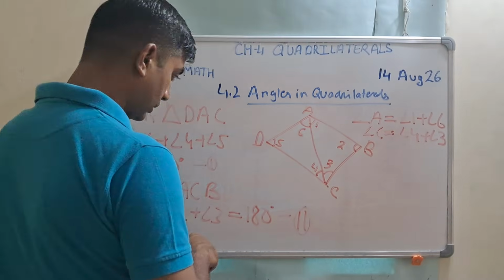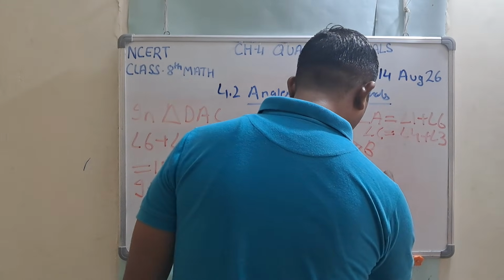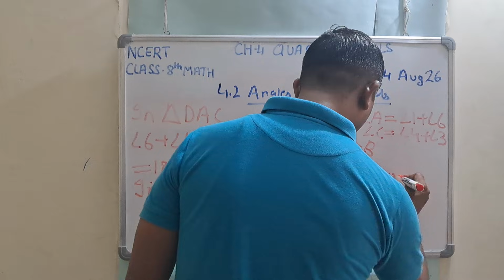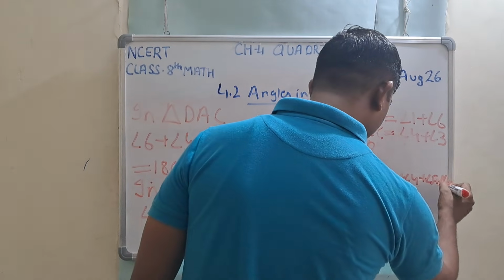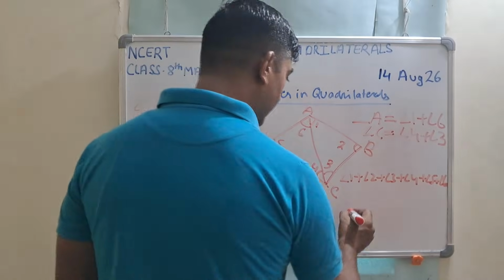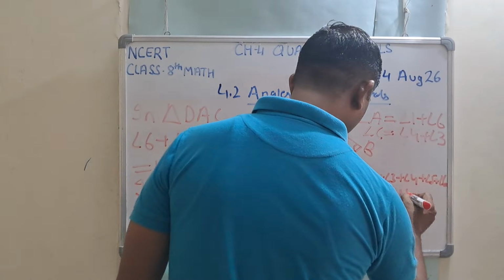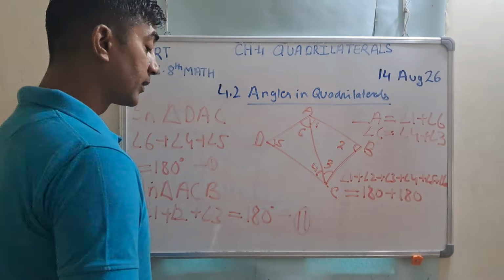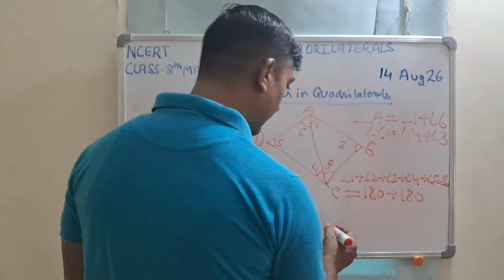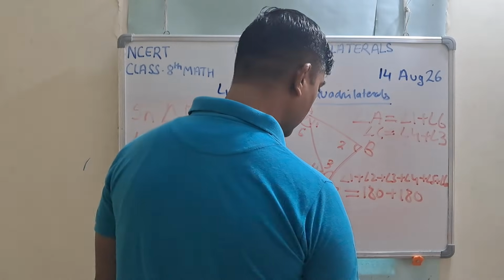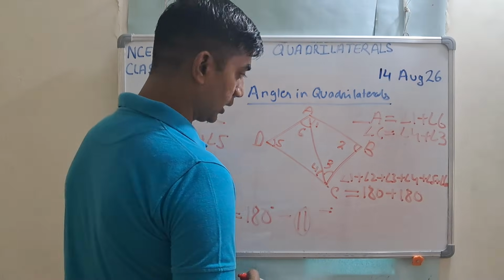That angle 1 plus angle 2 plus angle 3 plus angle 4 plus angle 5 plus angle 6, understood, is equal to 180 plus 180, right? So what will our result be? This is 360, understood?